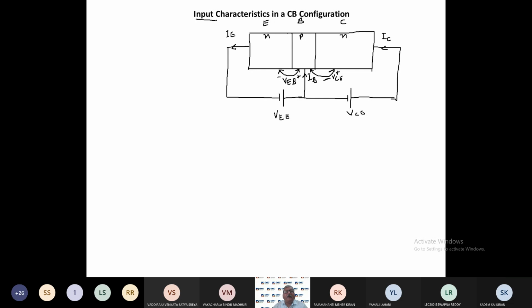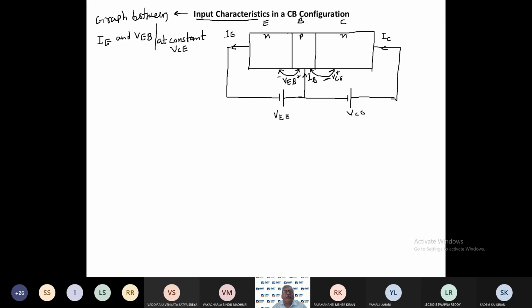So input characteristic means the graph between input current, that is IE, and input voltage drop, that is VEB, at constant VCE.